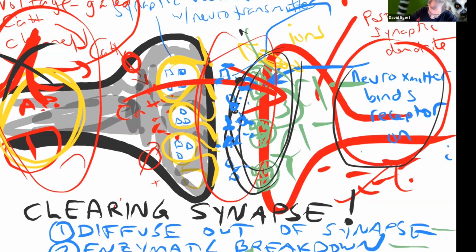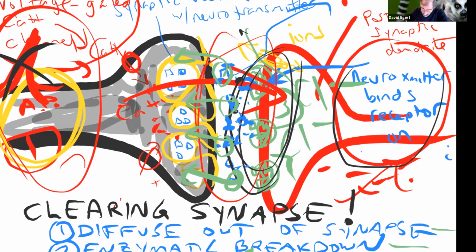You basically have little pumps that bring the neurotransmitter back in so you can reuse it. It's released, it's done its job, and now you just vacuum it back up and are ready to go again.